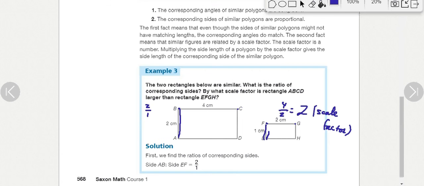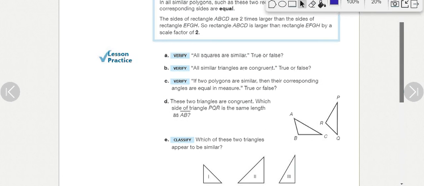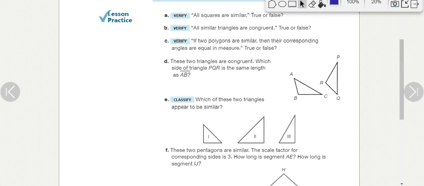So you just match up the lengths of the corresponding sides as a ratio, and that's the scale factor. The sides of rectangle ABCD are 2 times larger, double the sides of rectangle EFGH. So rectangle ABCD is larger than rectangle EFGH by a scale factor of 2. All angles are the same, right? What are the angles of rectangles? 90 degrees, no matter the size. That's why that's the case.